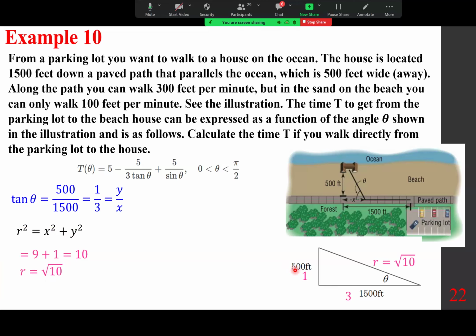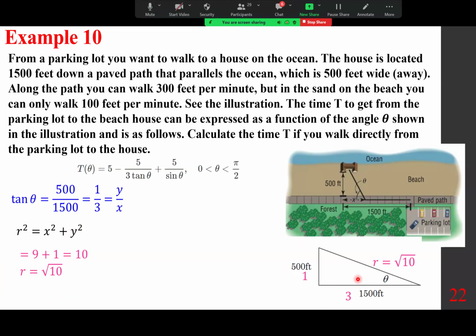So you can use 1 instead of 500, 3 instead of 1500, and r becomes square root of 10. This is for the sake of calculation. If you use 500 and 1500 it works perfectly. You can calculate the radius using the Pythagorean theorem, just like that. Again, x squared, that means 1500 squared, plus y squared, that means 500 squared, and you find out it becomes huge. So this one, we can do even in our head. We don't need a calculator.